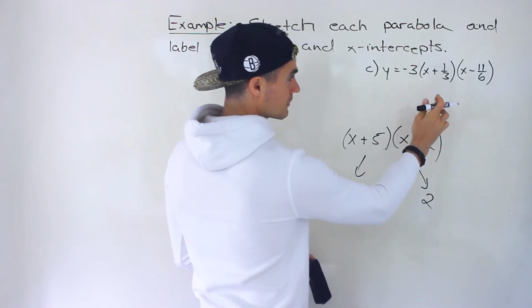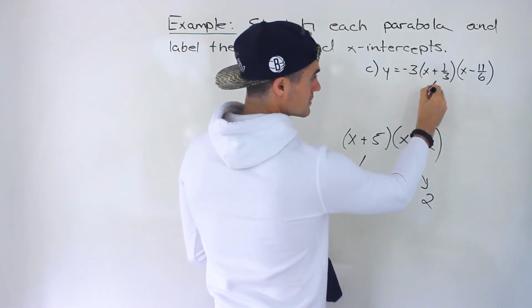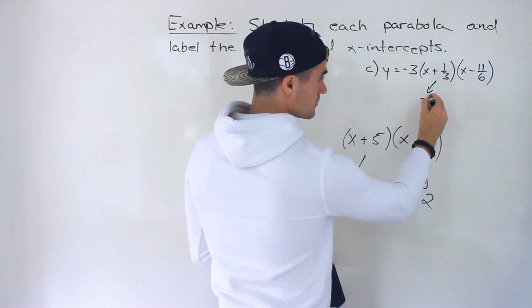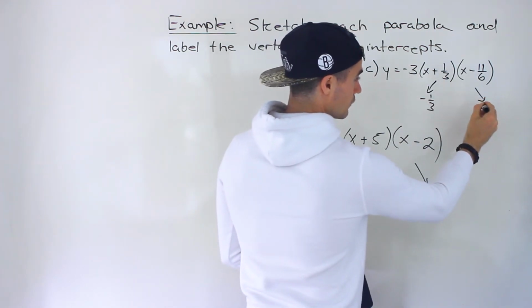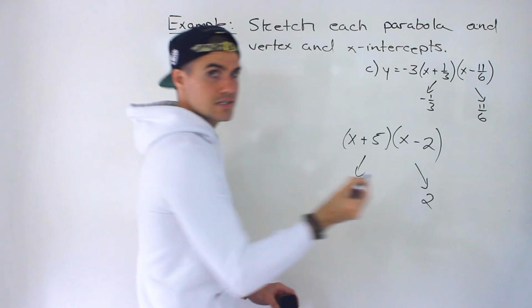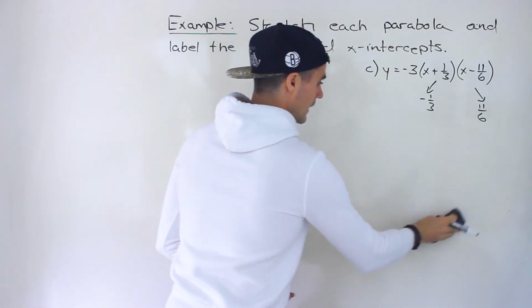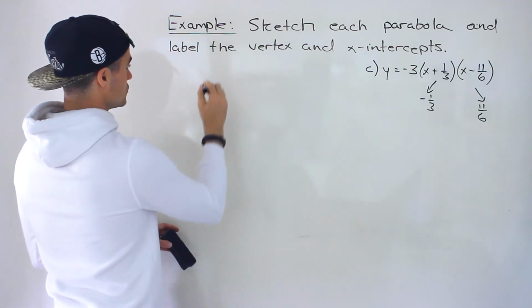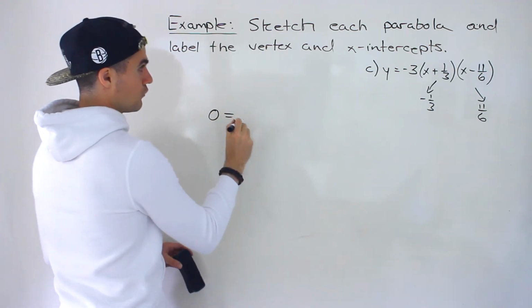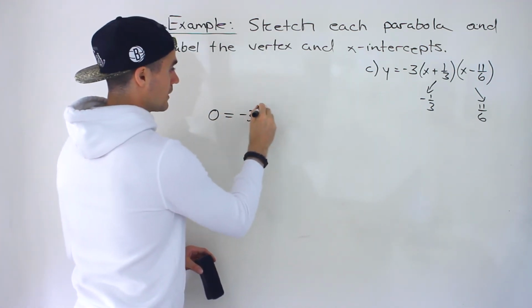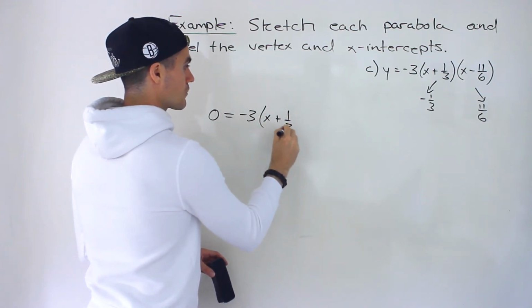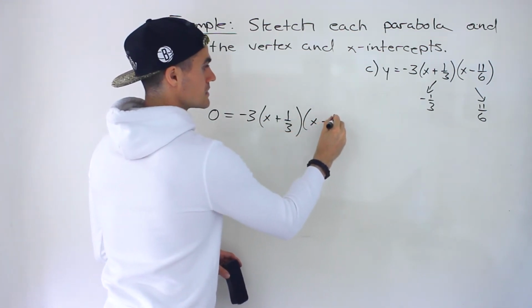Well, same thing. There's nothing to divide here, so we could tell the x-intercepts here are going to be negative 1 over 3, and over here, 11 over 6. But if you do want to show it algebraically, what would you do? You'd plug in 0 for y: 0 equals negative 3 times x plus 1 over 3 times x minus 11 over 6.